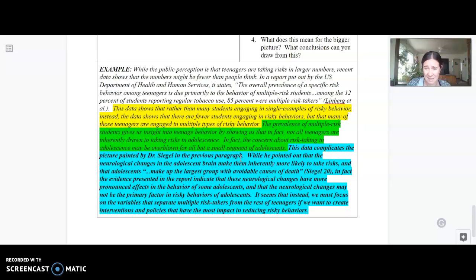It seems that instead, we must focus on the variables that separate multiple risk takers from the rest of teenagers if we want concrete interventions and policies that have the most impact in reducing risky behaviors.